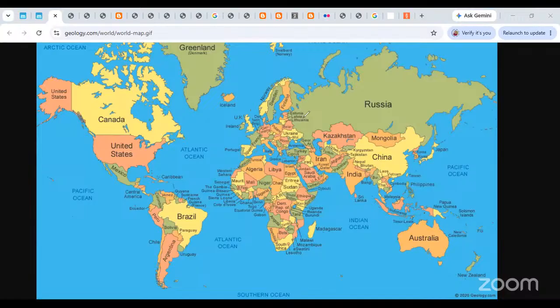Let's imagine this: say this is the equator. As summer approaches, the sun starts its movement from the equator towards the Tropic of Cancer. Let's say this is the Tropic of Cancer.